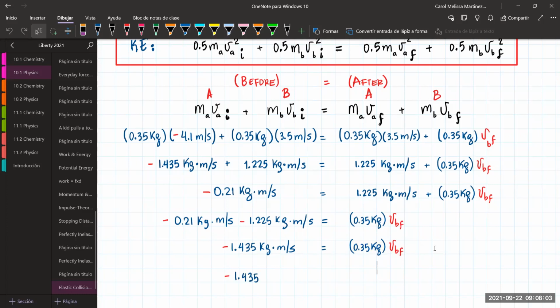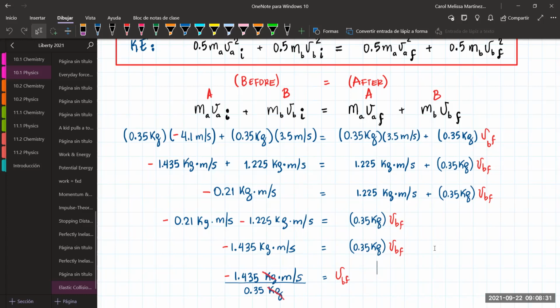So this value remains here in the upper part, but it's going to be divided by 0.35 kilograms. All this is equal to the final velocity of my object B. Now, this allows you to eliminate kilograms with kilograms.